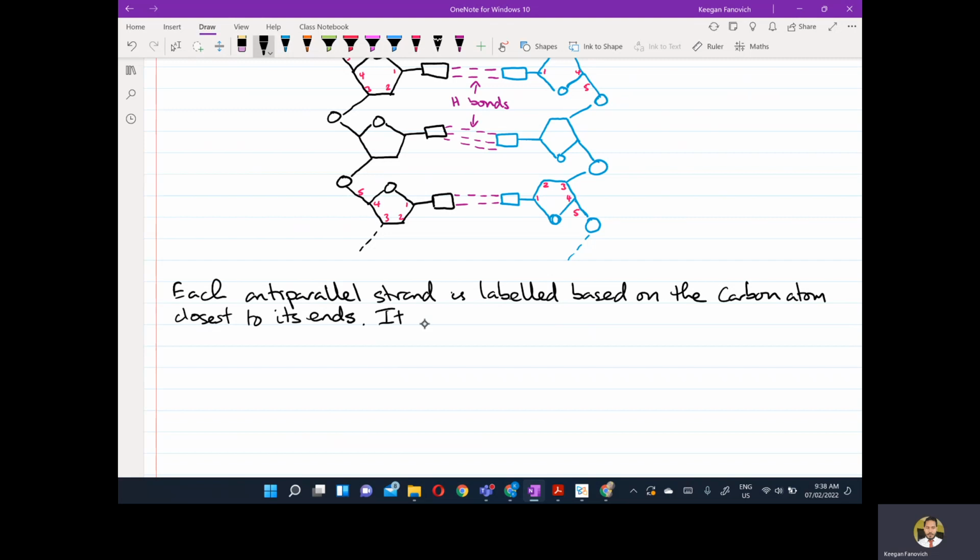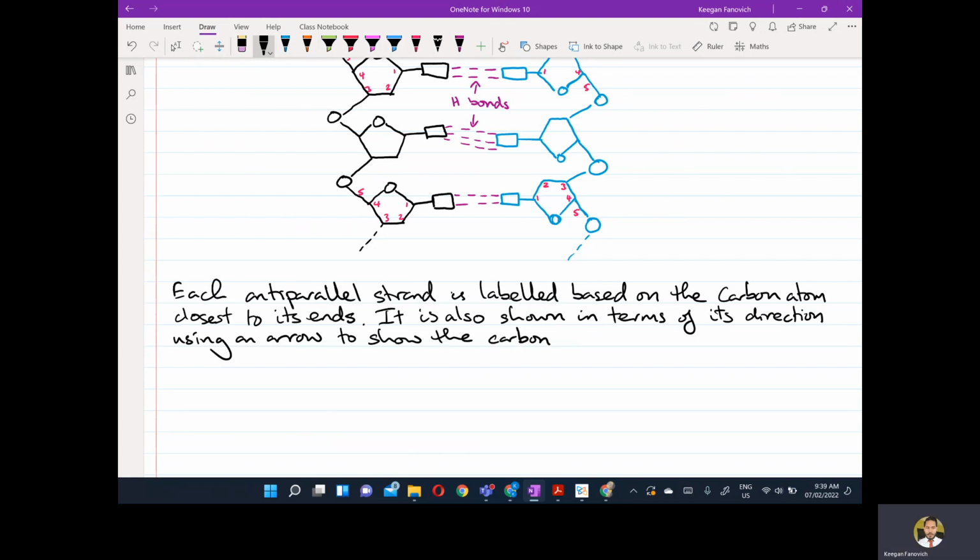It is also shown in terms of its direction, using an arrow to show the carbon furthest.